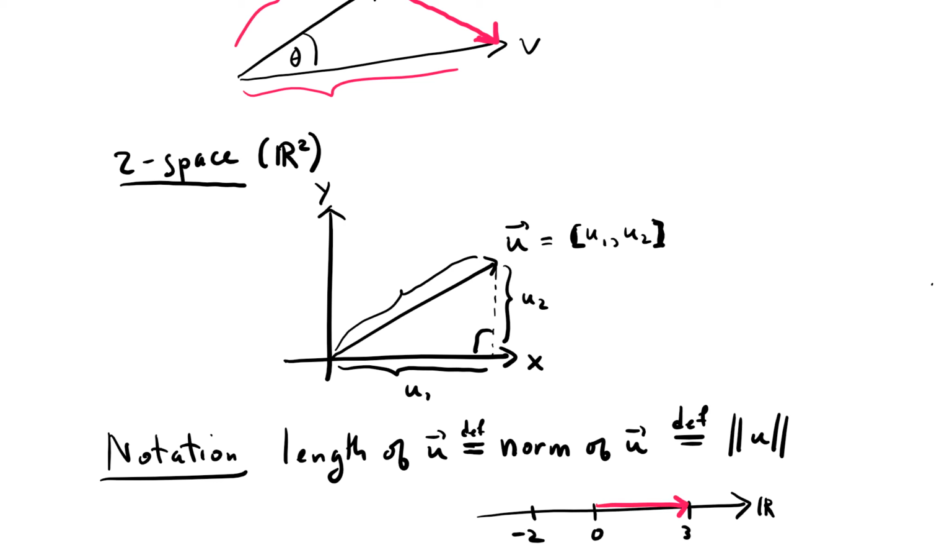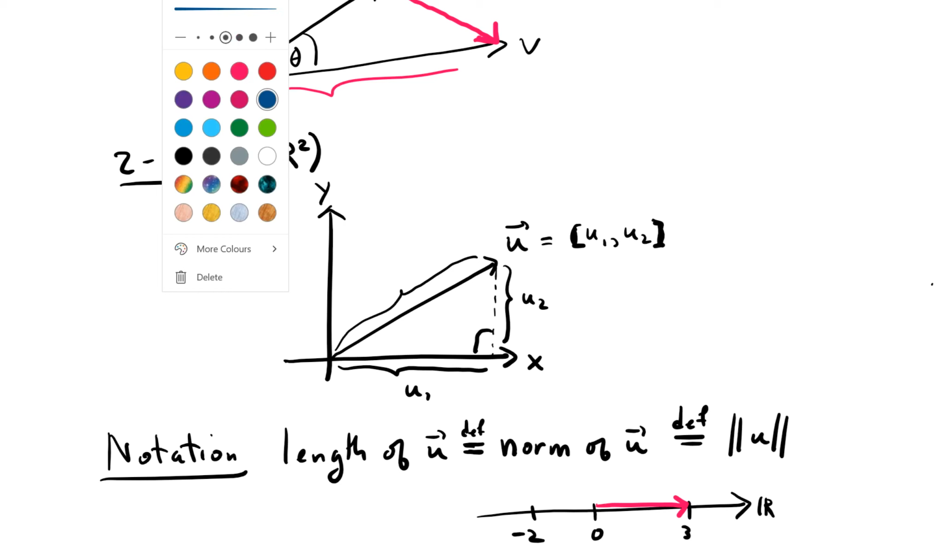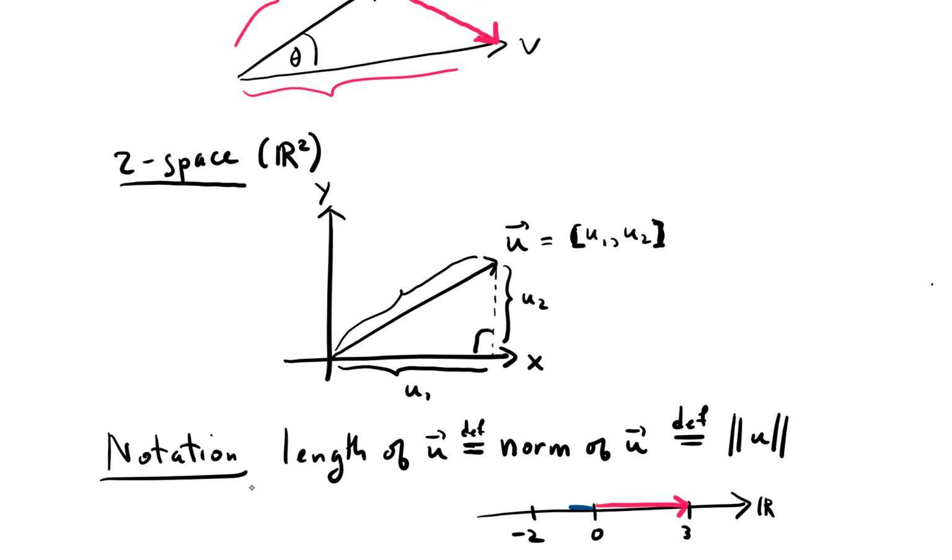And there'd be another one here for the point -2. So here I have two vectors on the real line. They each have a length, and what's the length of these vectors? That's exactly what we call the absolute value.